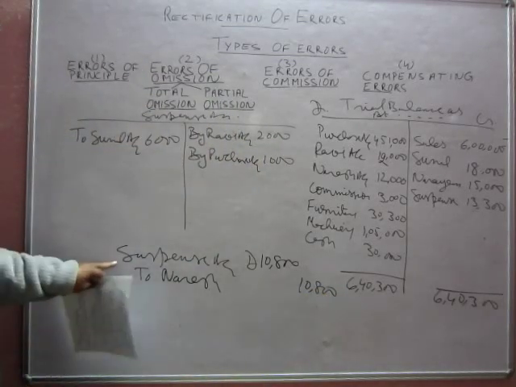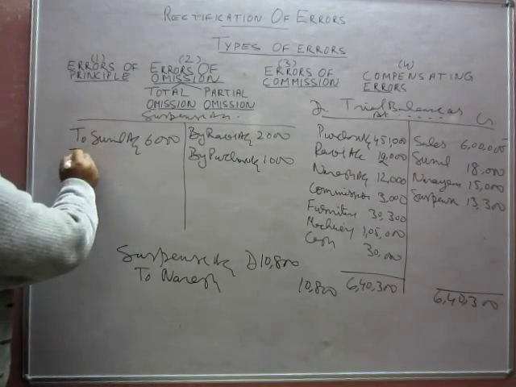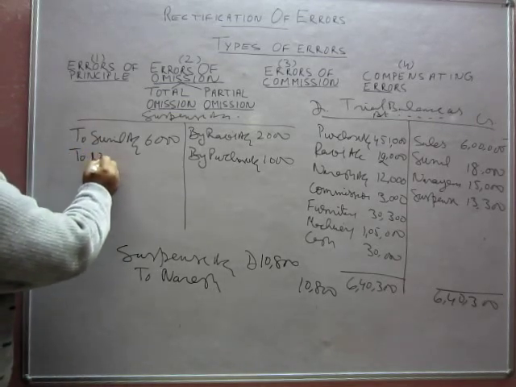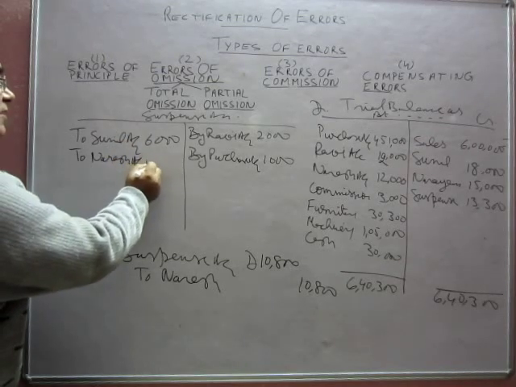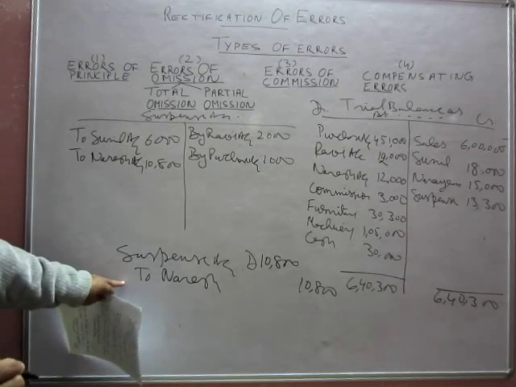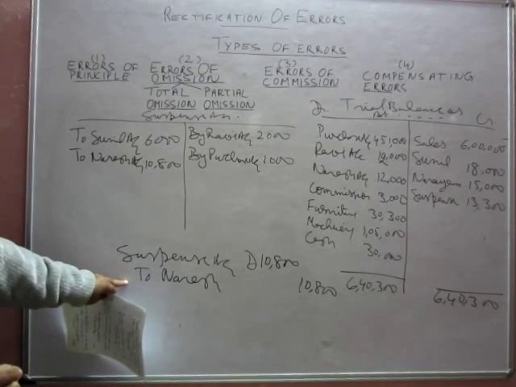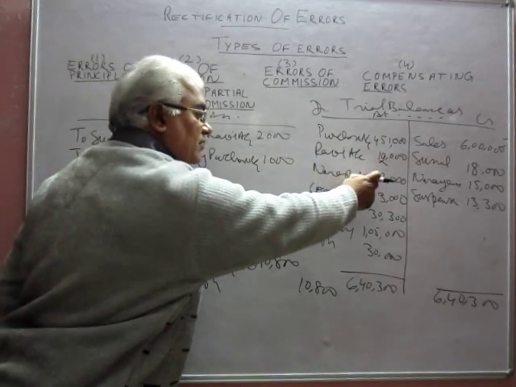Now suspense account is being debited here, so it will be like this: to Naresh account 10,800. And Naresh account is being credited by 10,800. Where is Naresh account? It is here, debit side, 12,000.